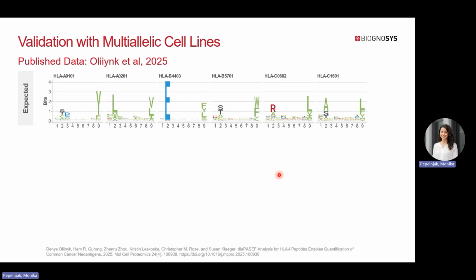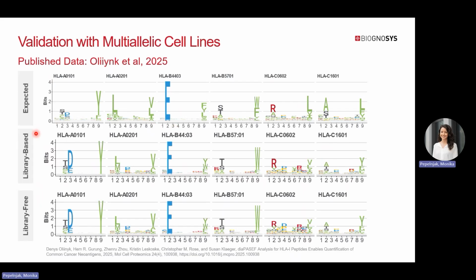What is more, we wanted to check whether the biology makes sense. So we looked at the motifs. Those are the 6 alleles that are present in this cell line, and these are the expected motifs for these alleles. On the x-axis, you can see the amino acid position, and on the y-axis is the overrepresentation of specific amino acids.